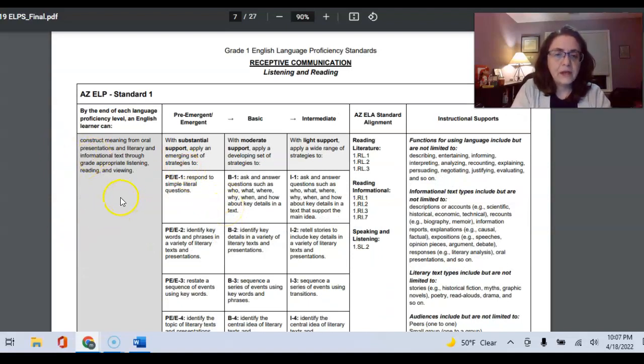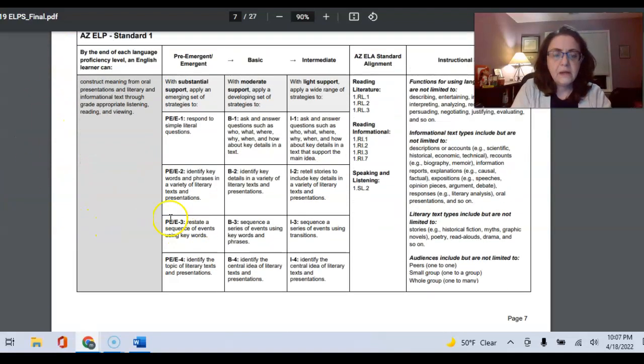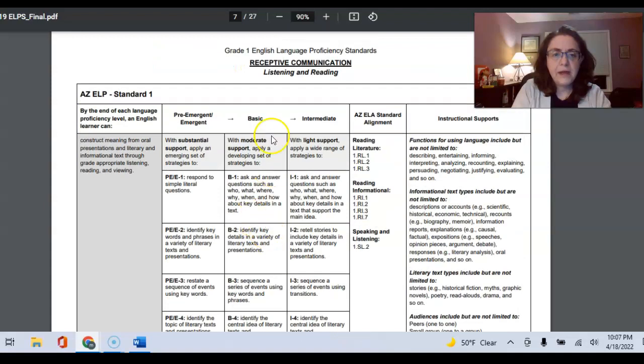So as you are probably familiar with it, here's the main standard. In these columns here, you have the ELP standards. This is the ELA, the one for regular education students for language arts.